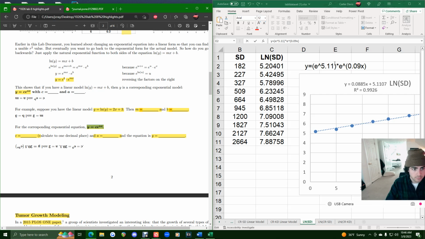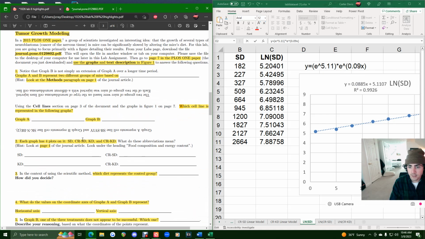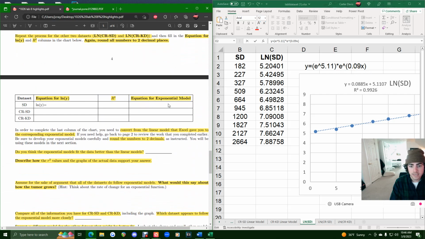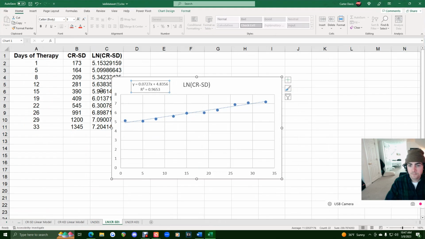E is just this e, and then a times x is 0.09 times x, and that 0.09 comes from this slope right here, and then 5.11 comes from that value there. So what I've typed out here is the equation for the exponential model for SD. All right, let's keep going with the others.